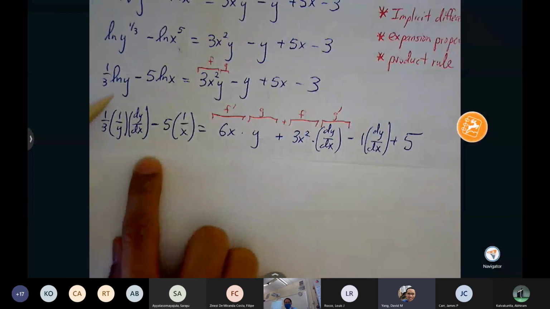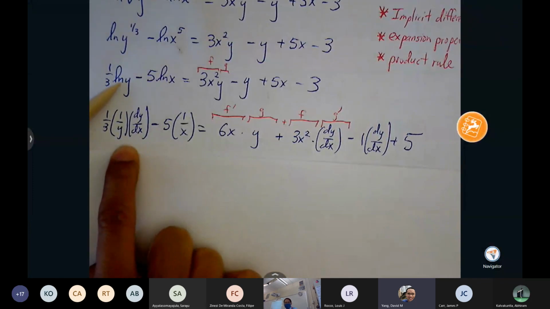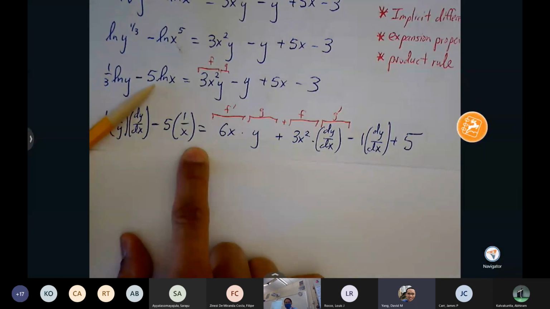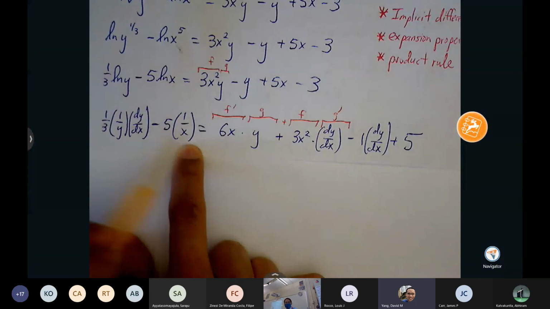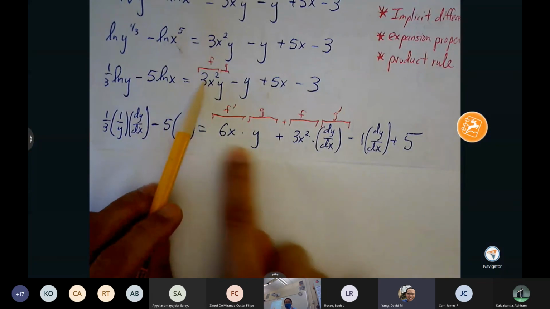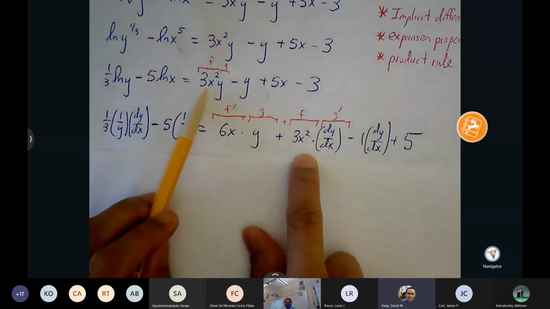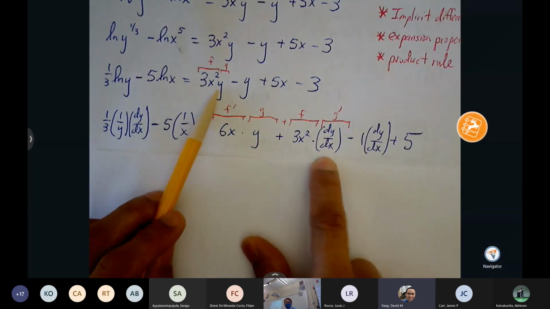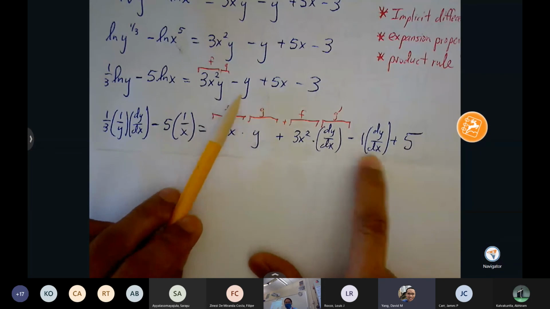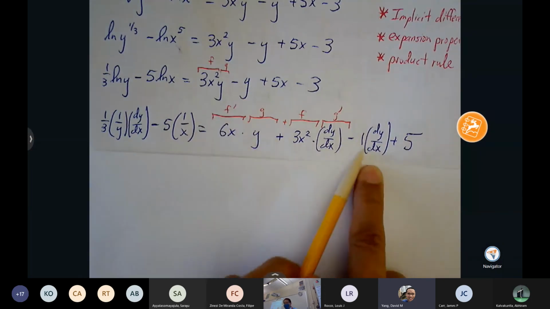Okay. All right, so u prime over u, 1 over y dy dx. U prime over u, 1 over x. F prime 3x squared becomes 6x times g plus f g prime. Y's derivative is 1 dy dx. And there's a minus y here. Minus y is going to turn into minus 1 dy dx. I like to have that 1 there.